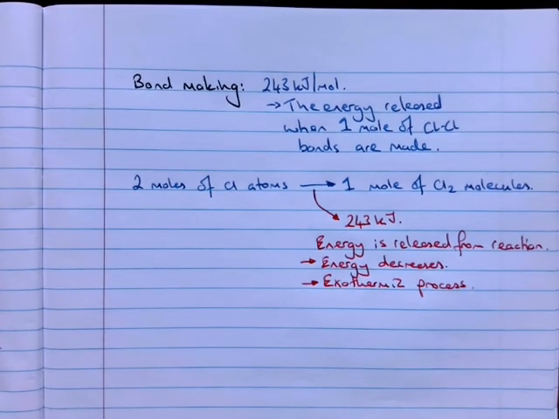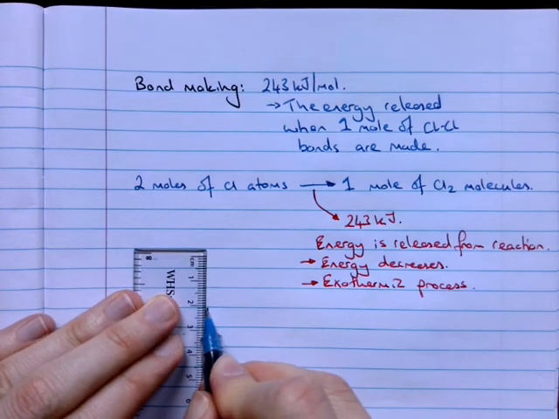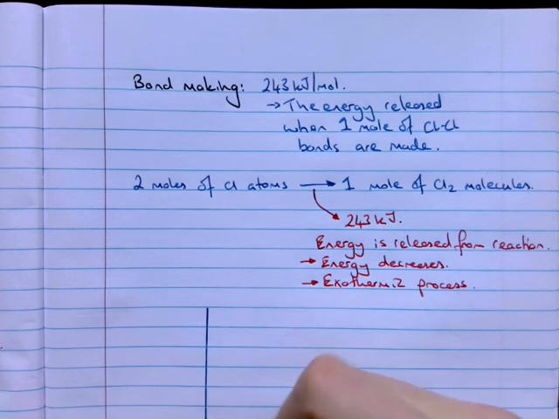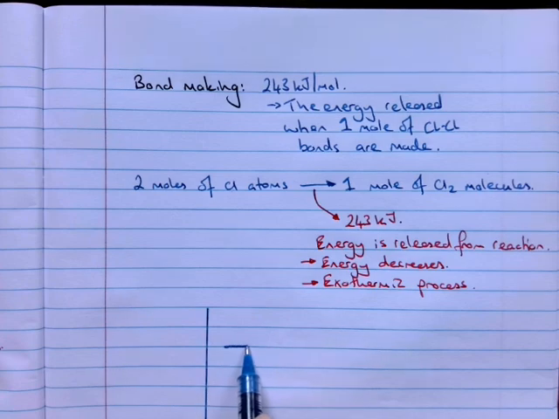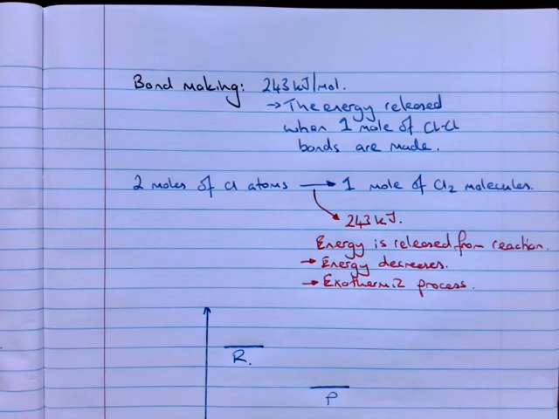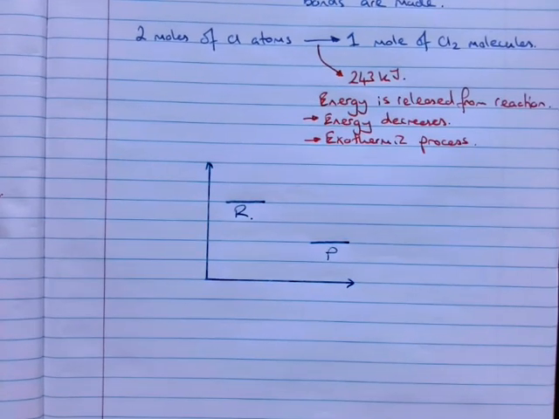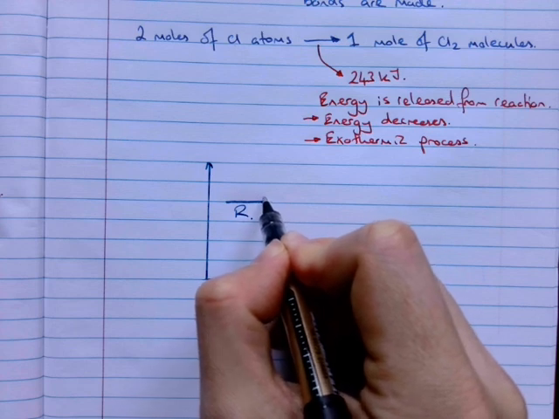In fact, if we wanted to, we could even think about it like this. We could have our reactants here and our products here. When we do a chemical reaction, the first thing that we do is break all of the bonds.